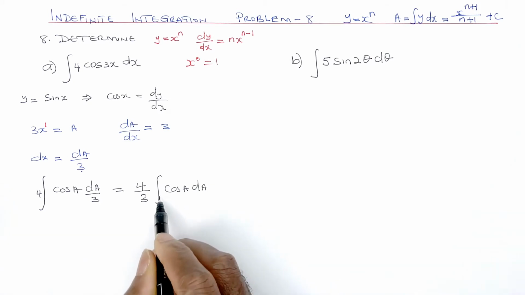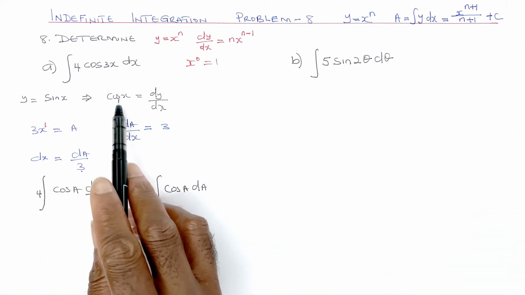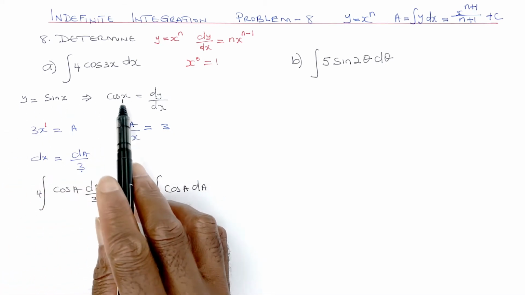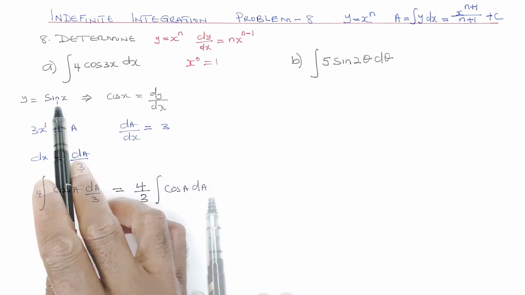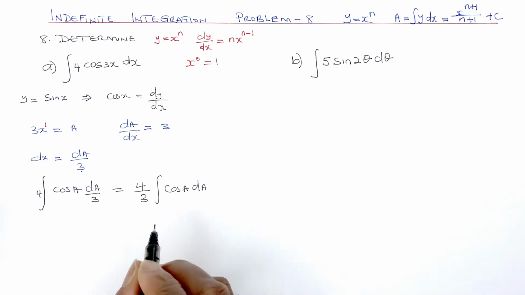If I integrate cos a, I get sine a, because if I differentiate sine x, I get cos x. If I integrate cos x, I get sine x. So if I integrate cos a, I get sine a.